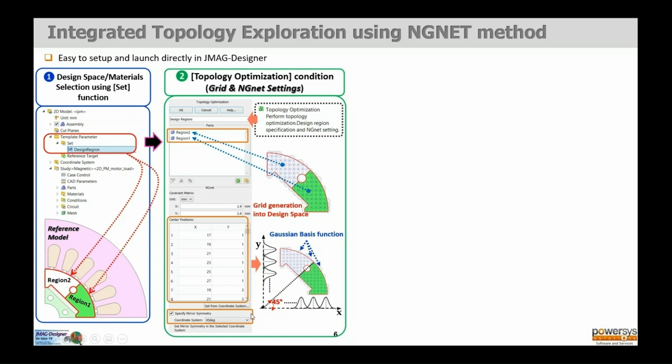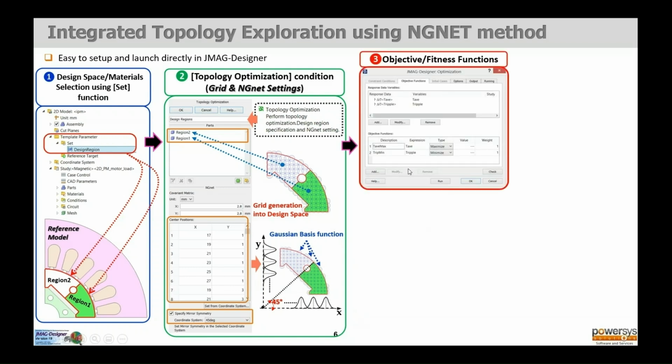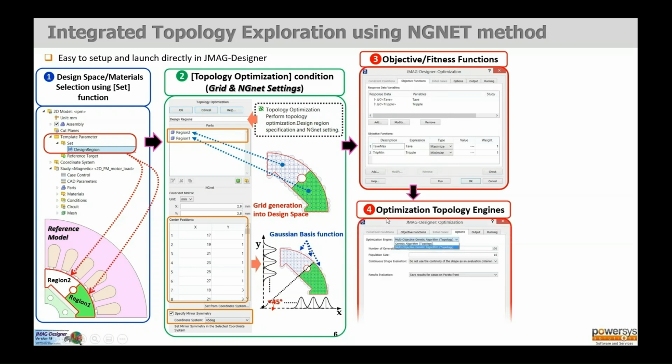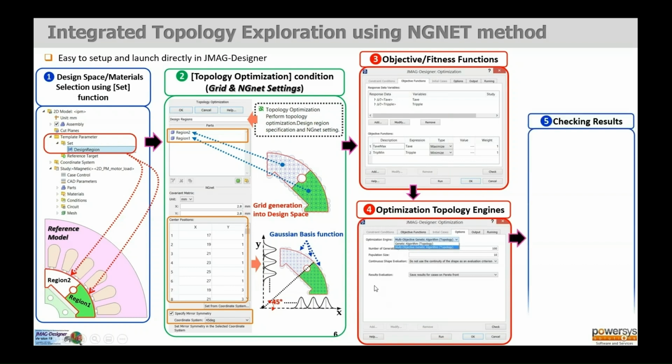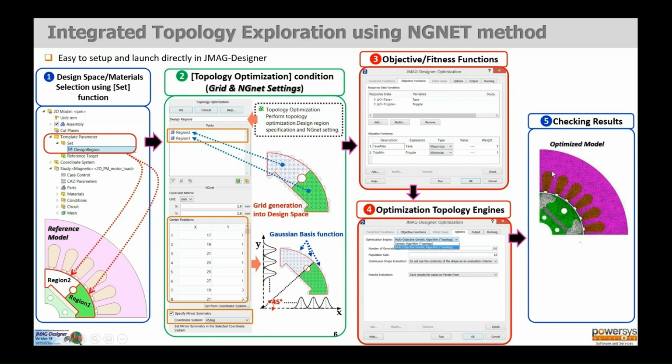We can also take into account the symmetry in order to uniformly distribute the Gaussian over all the design region. In the next step, I will also show how to define the objective function, how to specify the solver, and how to run the calculation and get the optimal model that you can compare with the reference model.